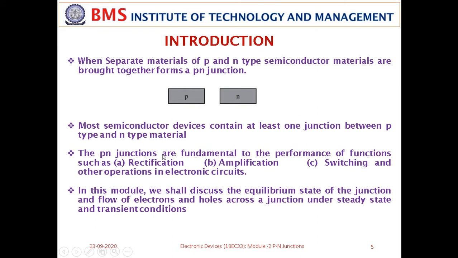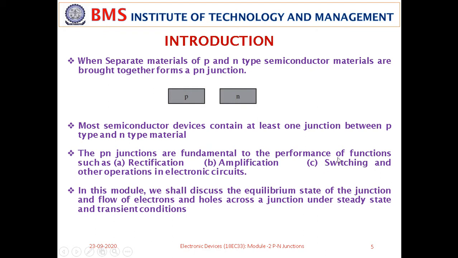PN junctions are fundamental to the performance of functions such as rectification. Rectification means AC to DC conversion. Amplification, when you want to strengthen a weak signal, we can use a PN junction as an amplifier also. And we can use PN junctions in switching functions also.